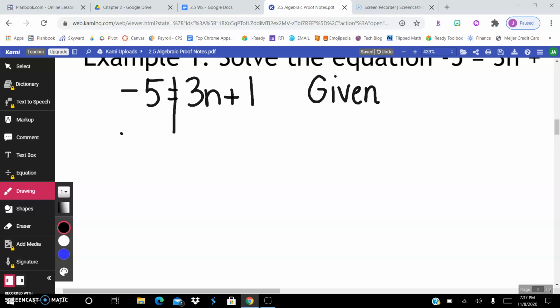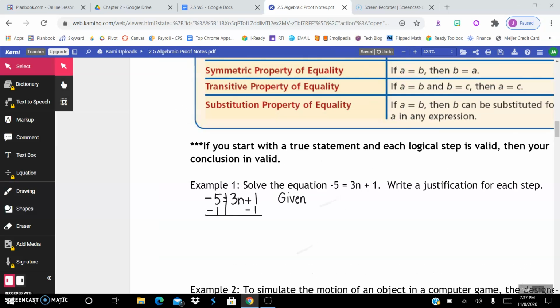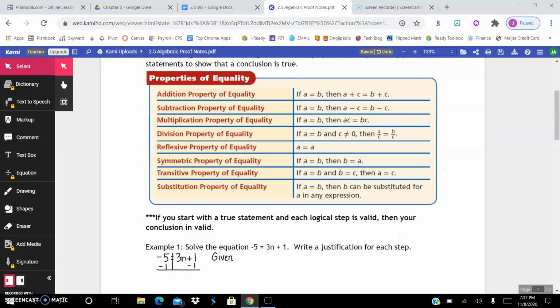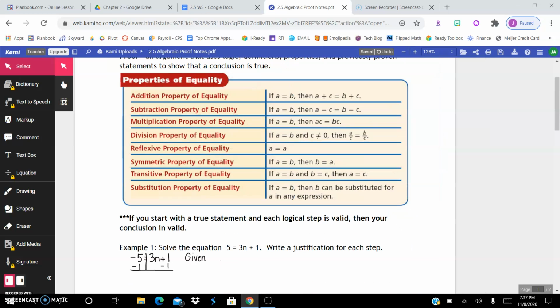Then to solve this, we have to subtract 1 from both sides. So if I subtract 1, what property up here would be being used? That would be the subtraction property of equality. It says that if two things are equal, for A and B here, then we can take C away from each and still have the same answer.